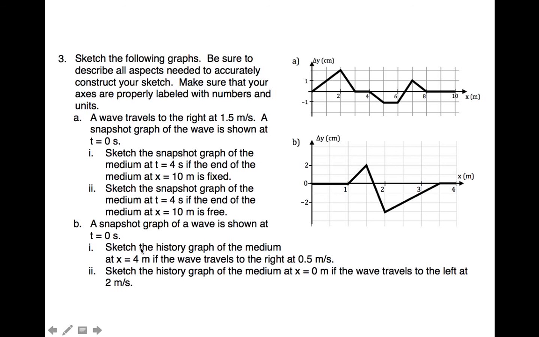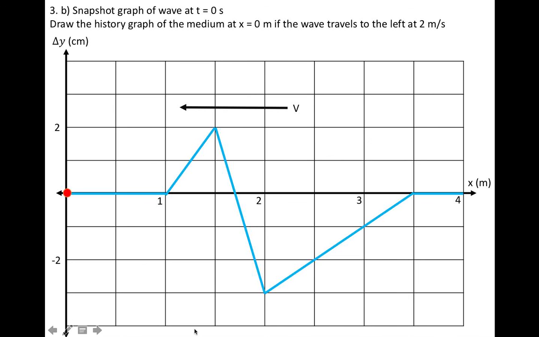Now, for the second part of B, we need to sketch a history graph of the medium at x equals 0 meters. The wave travels to the left at 2 meters per second. So we start with the same graph, but now the wave is traveling to the left. Its velocity is to the left, and we're interested in the point at x equals 0 meters.